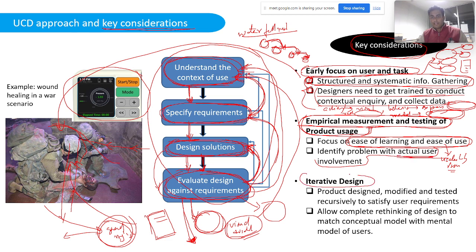Then iterative design: always consider iterations. Never get frustrated that you need to design this thing again, that the specification has changed, or the solution is not well fitting. You need to do this if you want to make something optimized for users. That's the beauty of it, and also the frustration of this process.